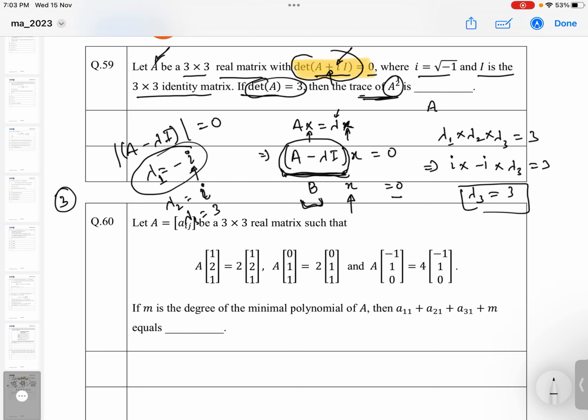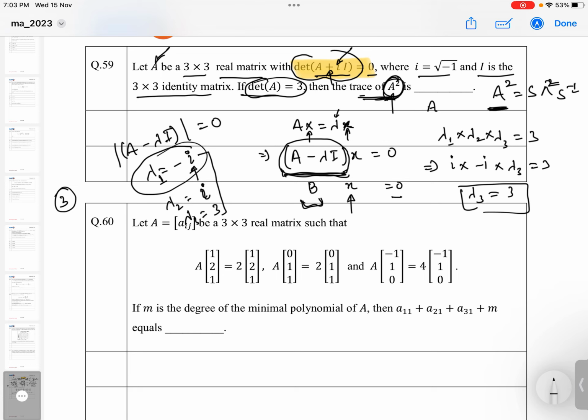If we diagonalize A square, it will be some matrix S that contains the eigenvectors, then lambda square, which is a diagonal matrix with the eigenvalues sitting on the diagonal, and we are taking the square since we are looking for A square, and then S inverse.